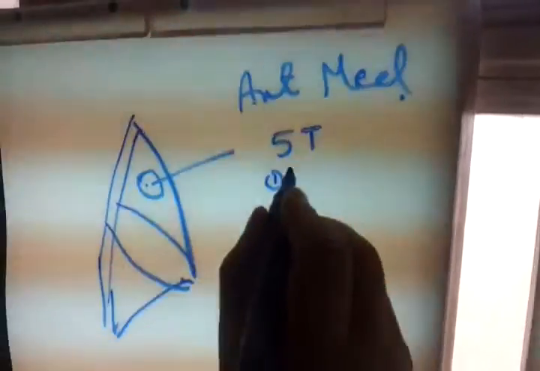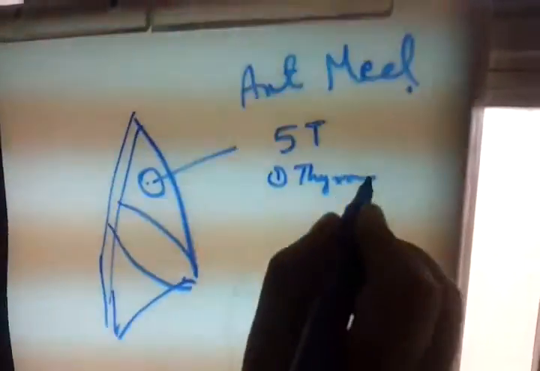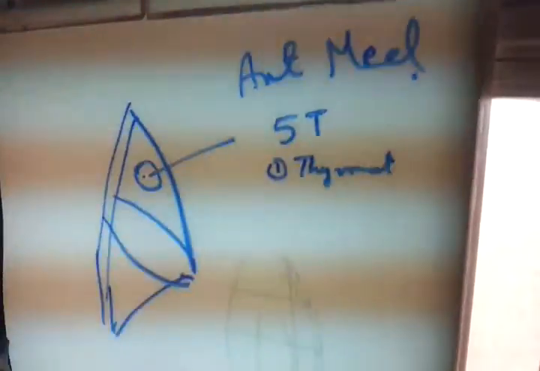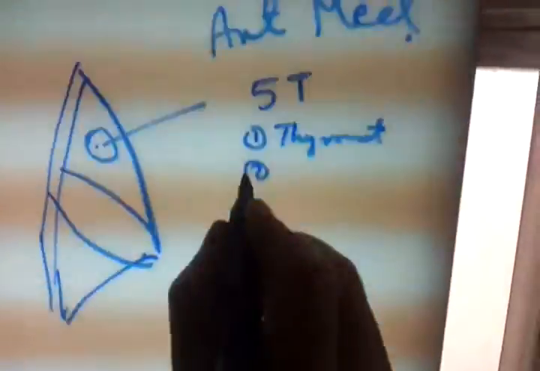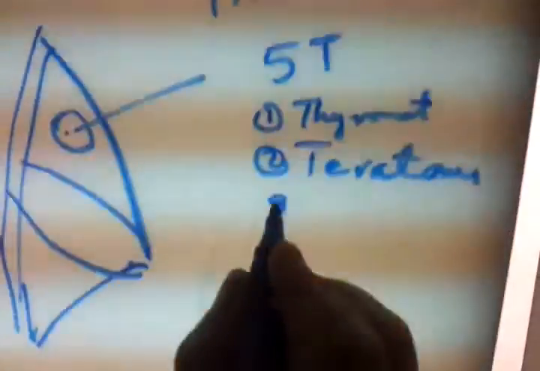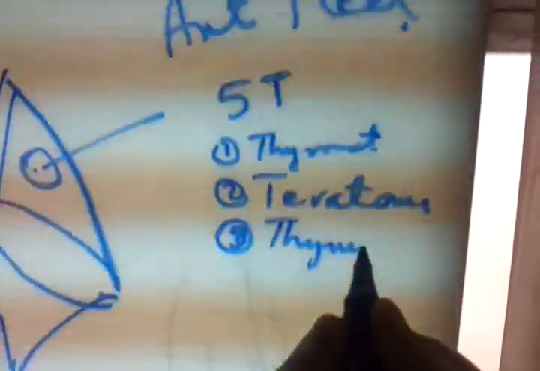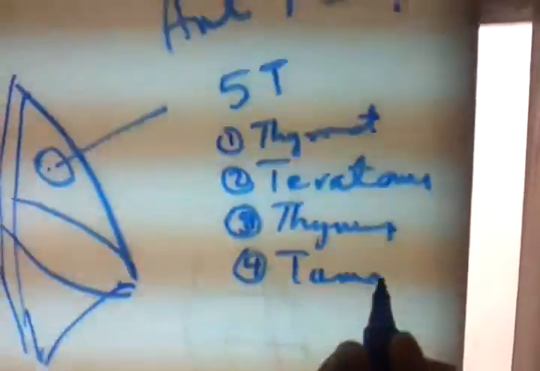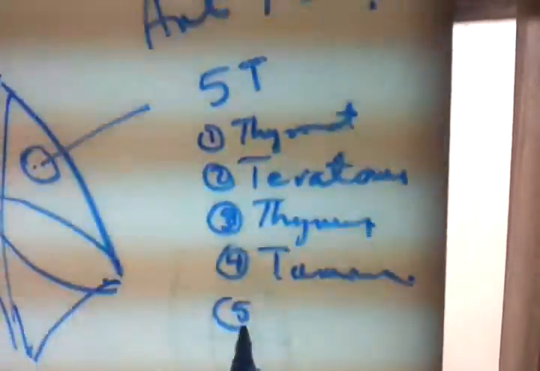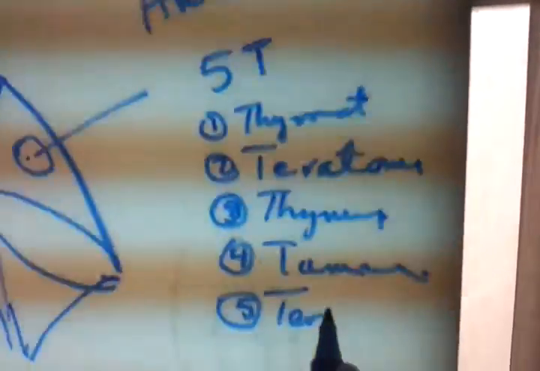First of all, thyroid. Here in this area, retrosternal thyroid. 2, teratoma. 3, thymus, thymoma. 4, tumor, trauma. 5, terrible lymphoma.